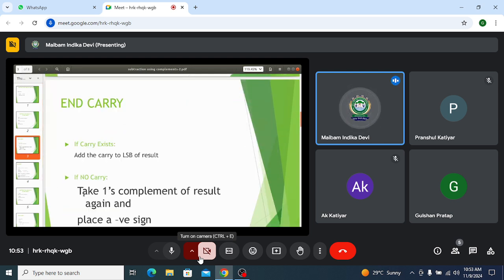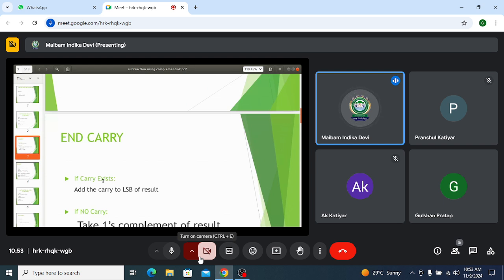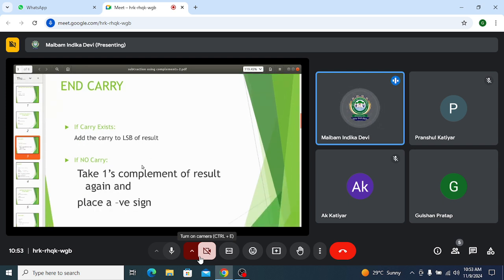In case there is no end carry, these are the two possibilities. When you get this result, whether there is an end carry, yes or no. If there is an end carry, then you add the carry to the least significant bit, that is the rightmost bit of the result. If there is no end carry, you again take the ones complement of the result you obtain in step 3, and then place a negative sign in front of it.